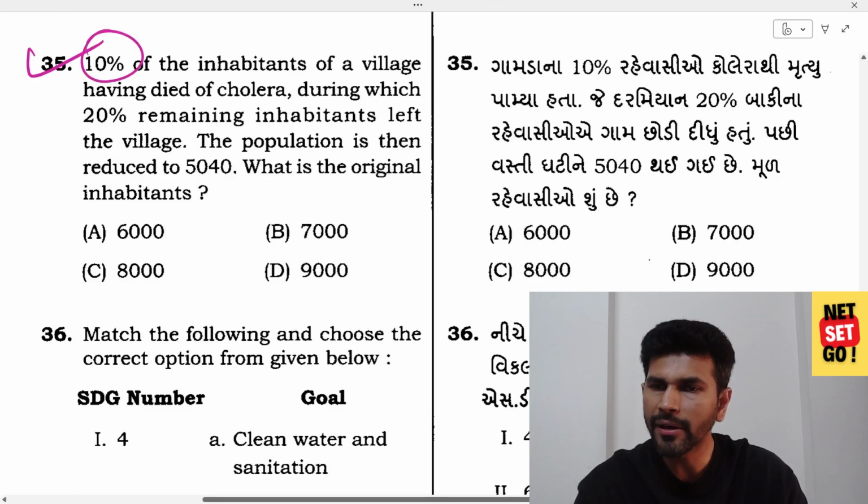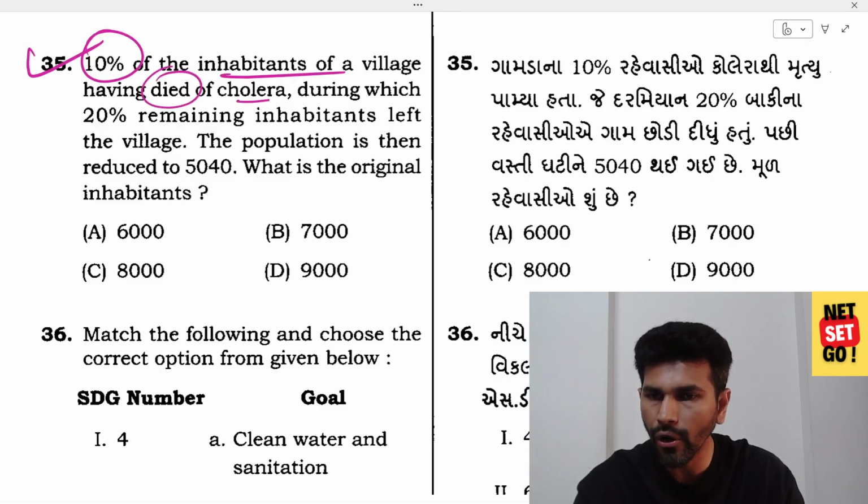Next, 10% of the inhabitants of a village died of cholera, after which 20% of the remaining inhabitants left the village. The population is then reduced to 5040. What is the original inhabitant?